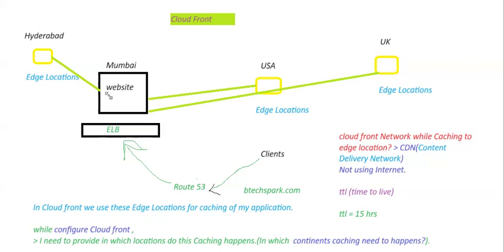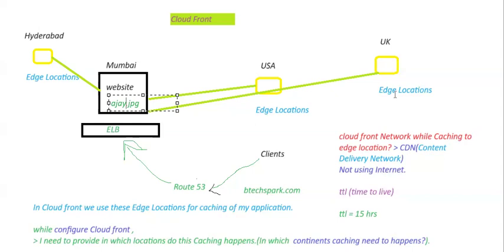Let us take the same example. I have sai.jpg in my web application. Now this data is cached at this edge location, this edge location, and this edge location. Now I want to forcefully and immediately change this image to ajay.jpg.